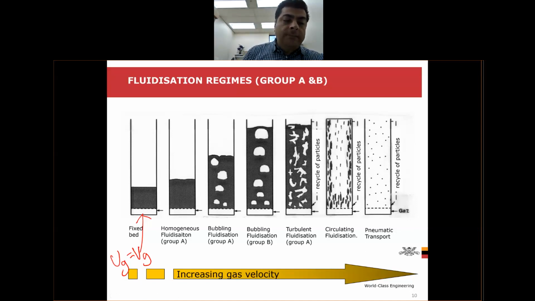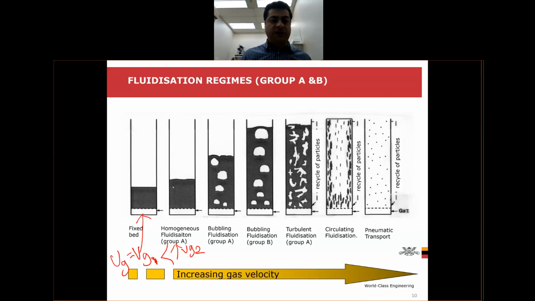Okay, but as soon as you start to increase the gas little by little, so if you apply, let's say here is VG1, here is, for example, VG2. If you apply the gas so that VG2 is more than VG1, at some point you can see the powders start to move around.